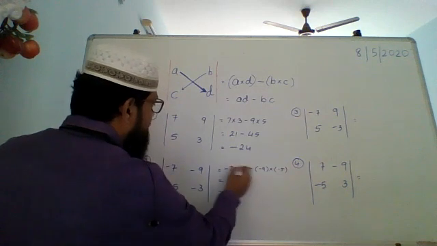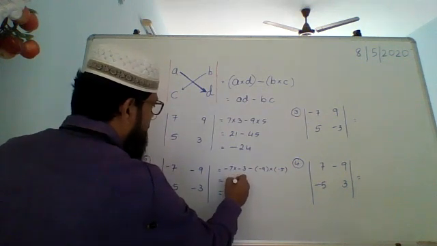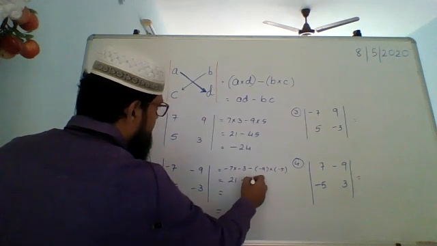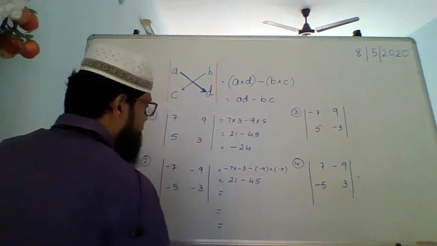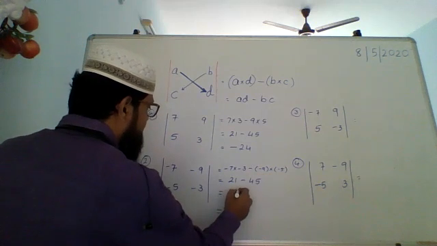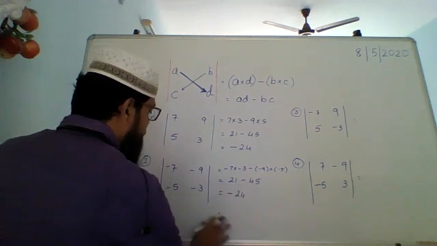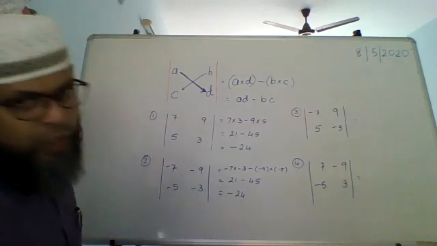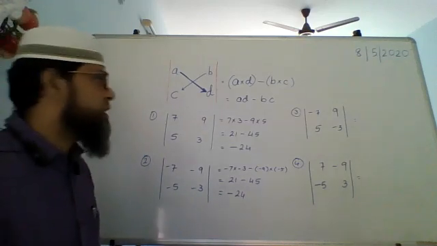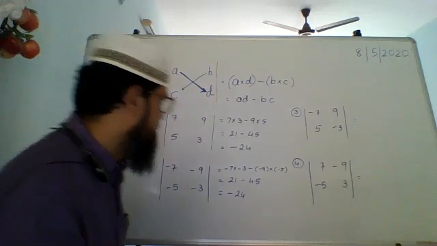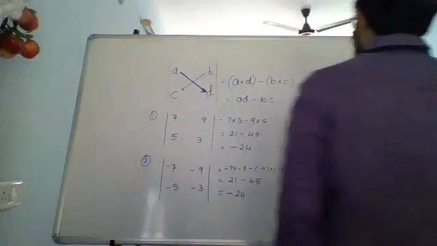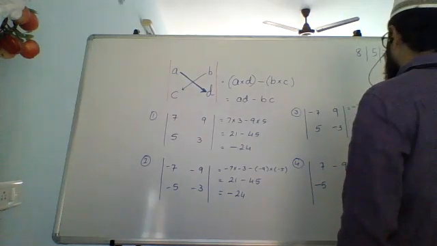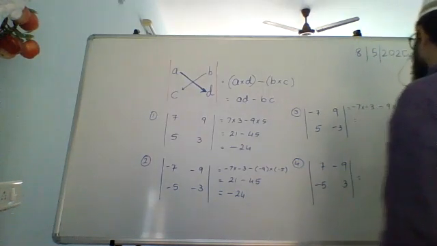This is minus into minus is going to become +21, minus minus into minus is again going to become +45. So this is again -24. So again -24. Is this clear? Now here third one, -7 into -3 minus 9 into 5.